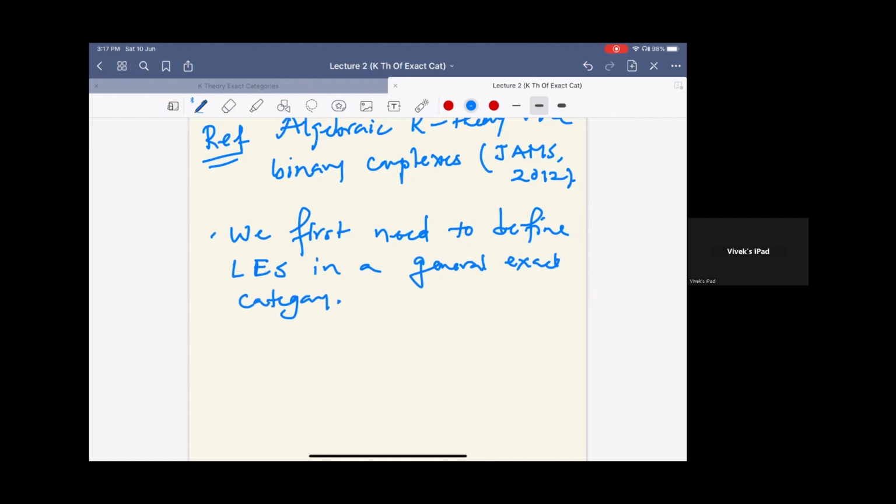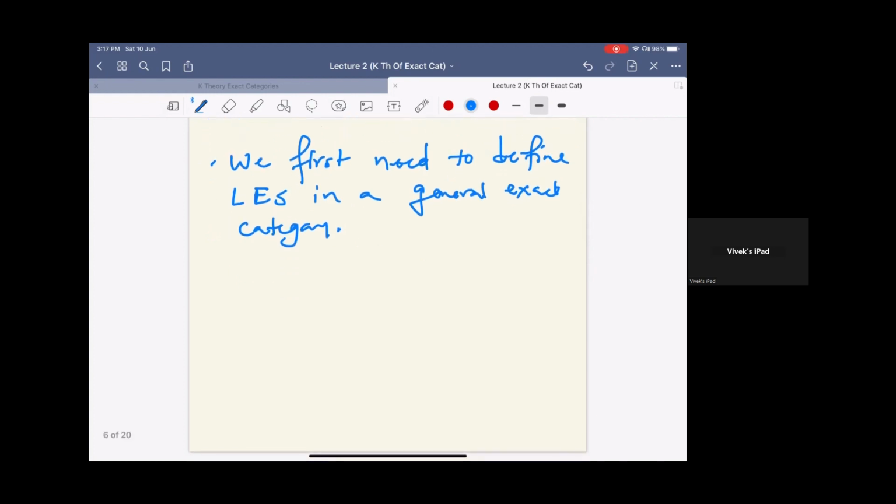We have seen that kernel-cokernel pairs are usually called short exact sequences in an exact category. But now we have to make sense of long exact sequences. So throughout, N denotes an exact category.